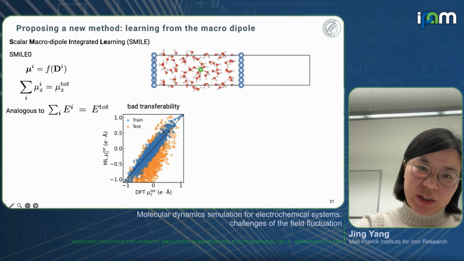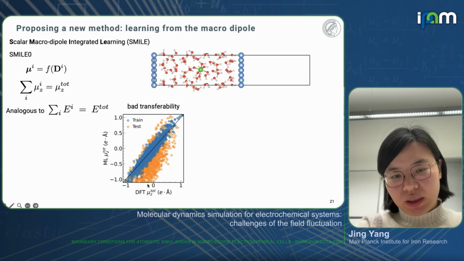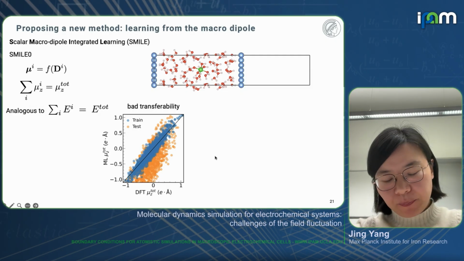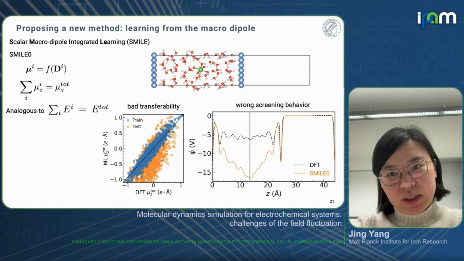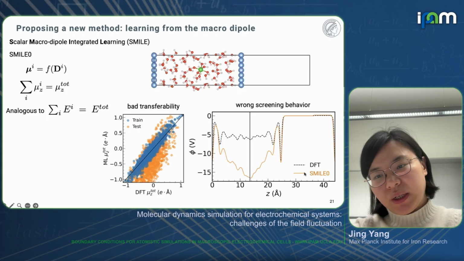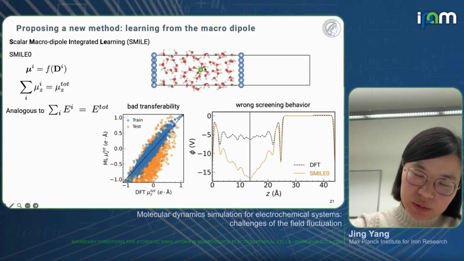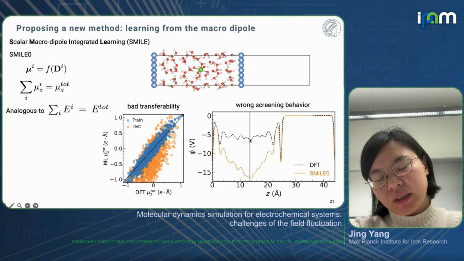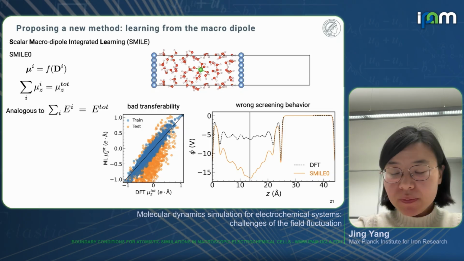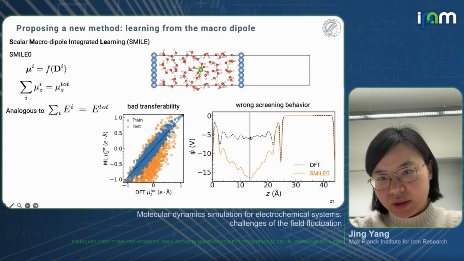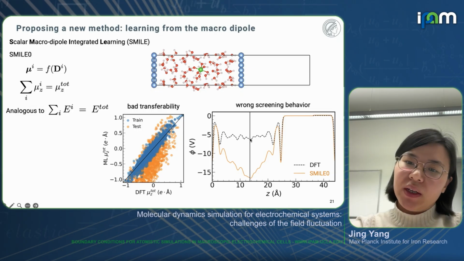However, the model shows very bad transferability, as shown here by the test data. As you can see, it's quite all over the place. And what is also very interesting is that the SMILE 0 model gives the wrong screening behavior. So that is why we go to this magnesium 2+ system, because here you can observe the screening behavior of water very clearly. In DFT, due to the large dielectric screening of water, so this black line shows the position of our magnesium 2+.